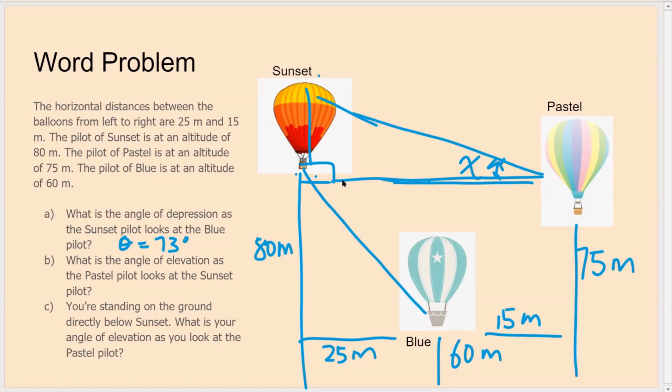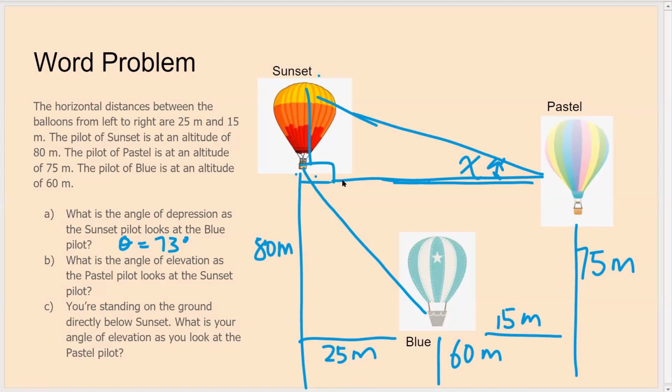From this information, it might look as if we don't have enough information to find out what X is, but we do have a lot of information in the form of all of these values. What we have at the bottom, if we remember from earlier, is that the horizontal distances from the balloons left to right are 25 plus 15.